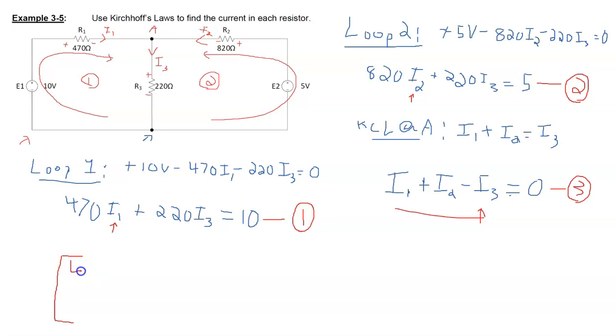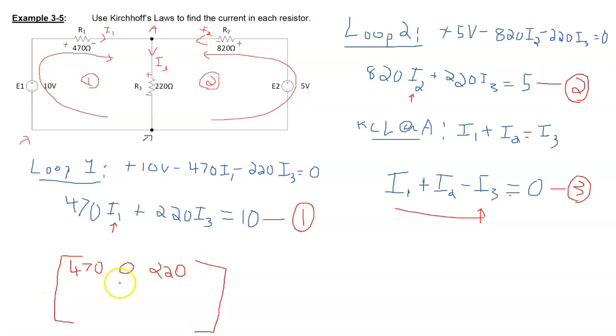Realize that now the matrix of coefficients is 470, 200. Oh, wait, no. And so you'll notice I didn't put in my I2. And I got to be careful about that because I need 3 variables. And so my second coefficient here is a 0 I2 and a 220 times I3.